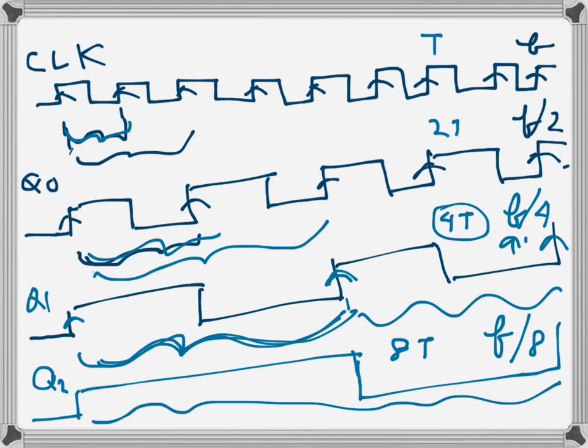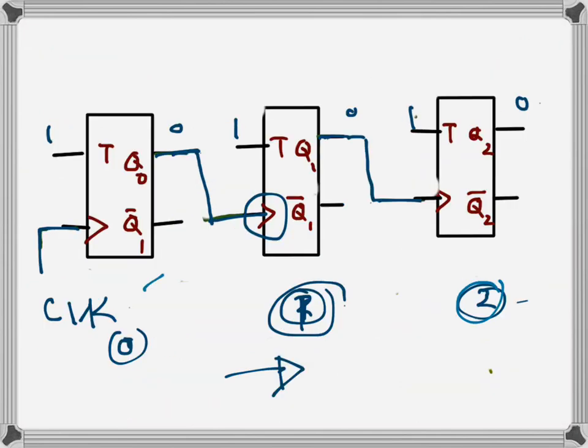So this is how the 3-bit counter can be used as a frequency divider. If we want to get 1/16 of the clock signal, then we will need 4 stages. Here we have 3 stages, a 3-bit asynchronous counter, and as a result the frequency of this is 1/8 of the original clock signal.